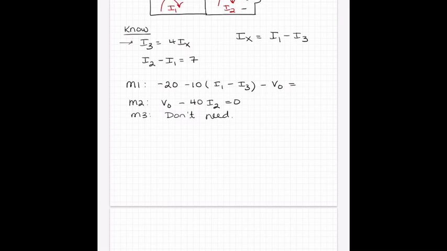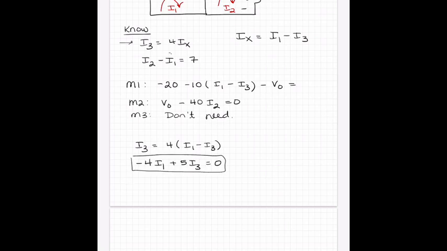All right, so I'm going to substitute Ix into this equation. So I'll have I3 is equal to 4 times I1 minus I3. Or if I simplify this equation down, I'll have minus 4I1 plus 5I3 is equal to 0. Okay, so there's one equation.